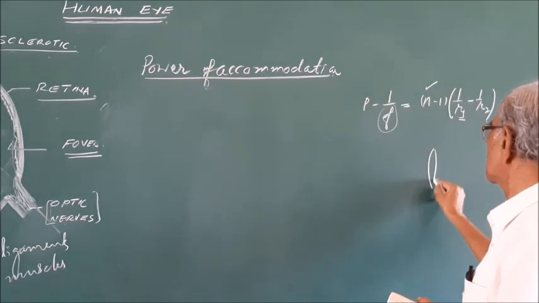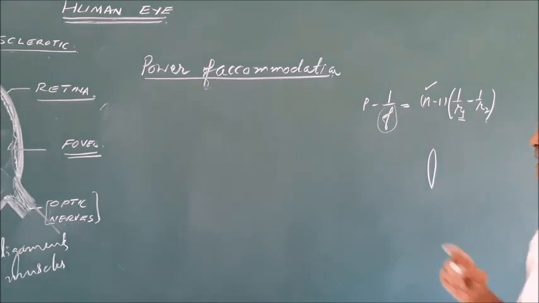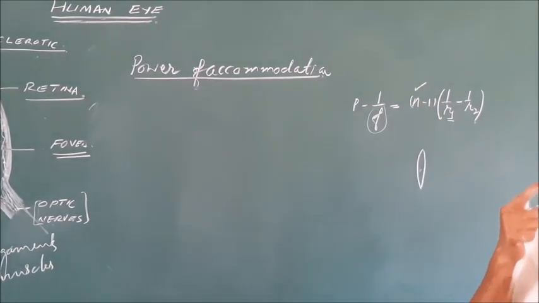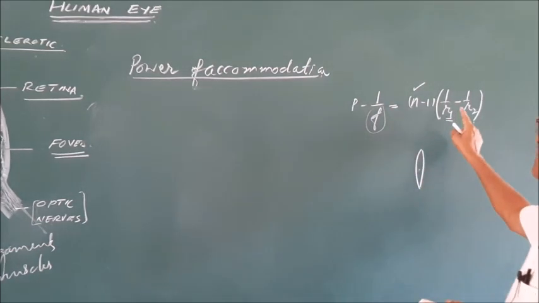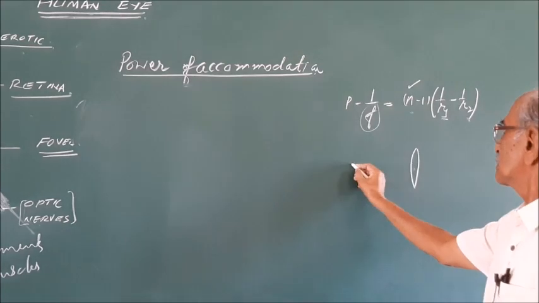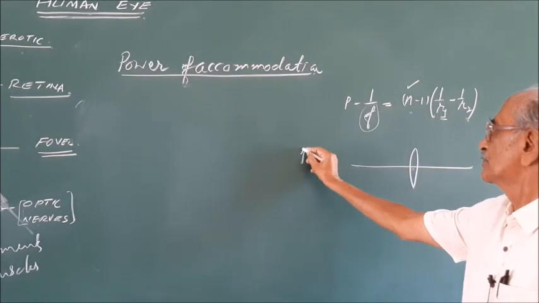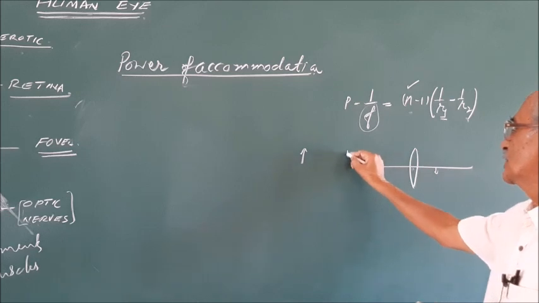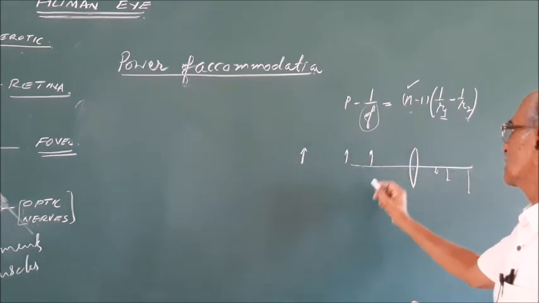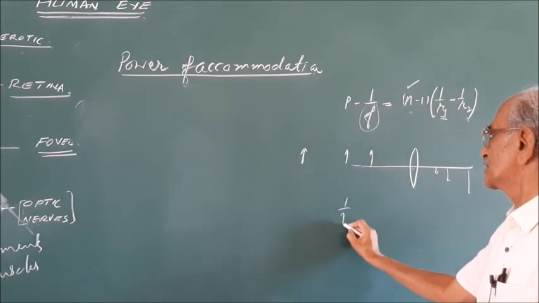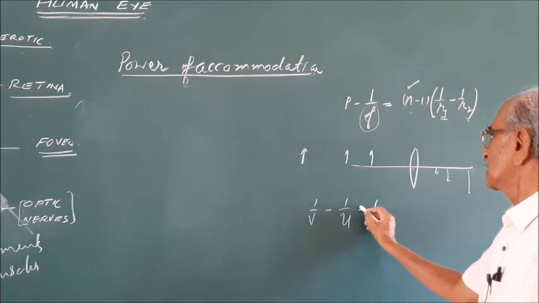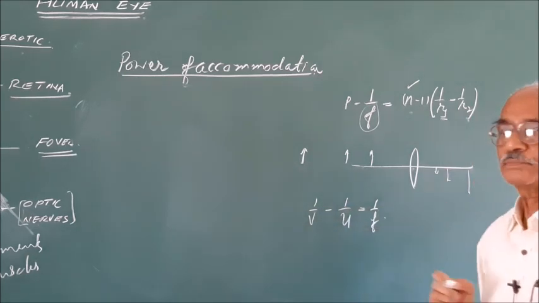R1 and R2 are fixed for my eye lens once I construct the lens, and the material is fixed. Here you remember, if you keep the object at infinity, the image is here. If you keep the object here, the image is here, and so on. So the object distance U changes, the image distance changes, so that the focal length is constant.